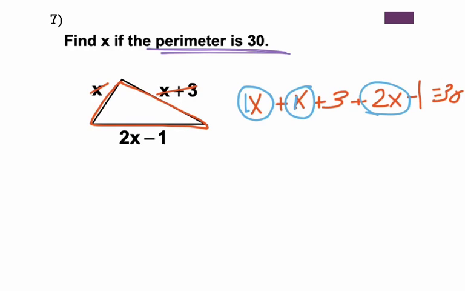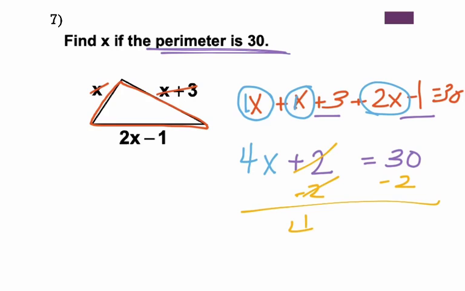Well, 1x plus 2x is 3x. 3 plus negative 1 is 2, and we still have equals 30. Again, it becomes a two-step equation. So subtracting 2 from both sides, I have 4x is equal to 28. And then the last step, since I'm multiplying by 4, divide by 4, divide by 4, x is 7.